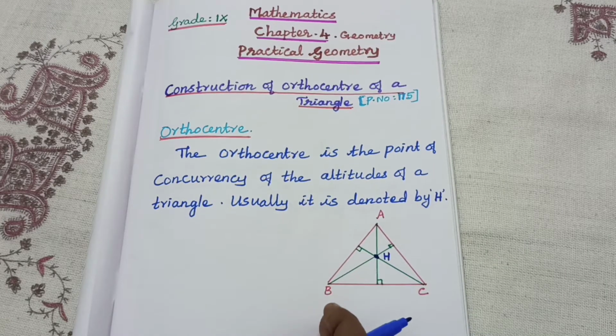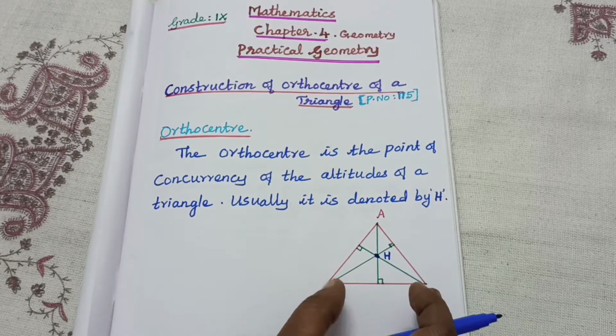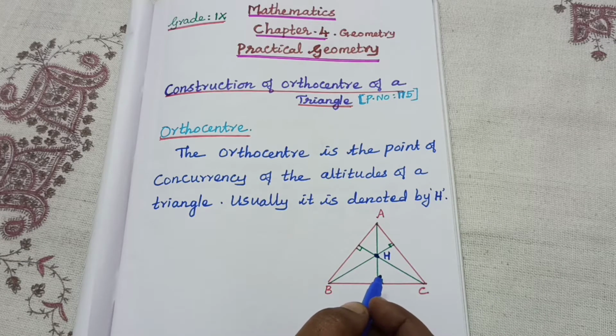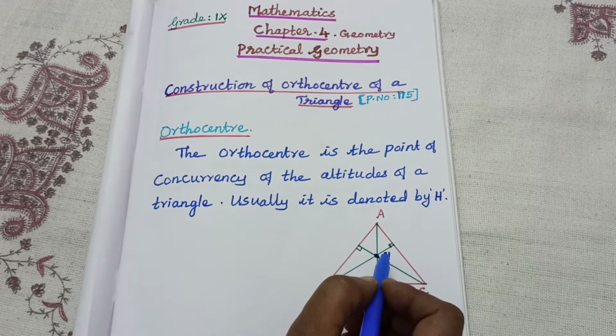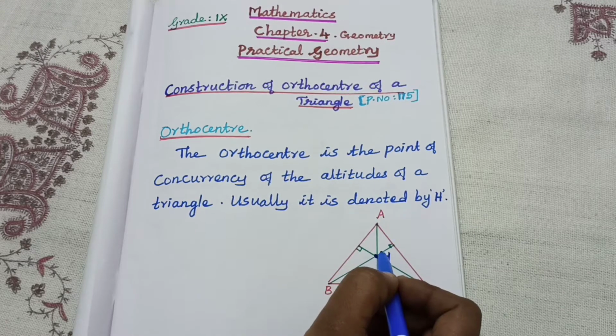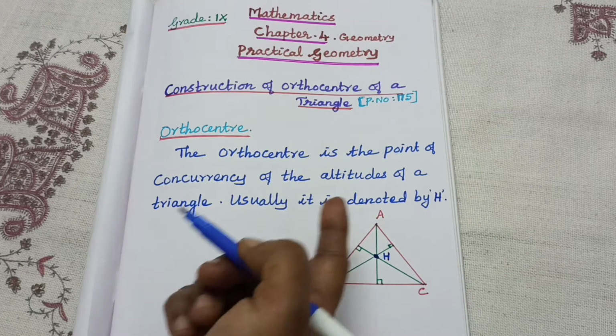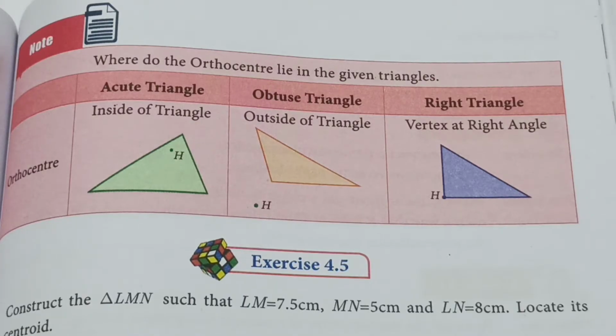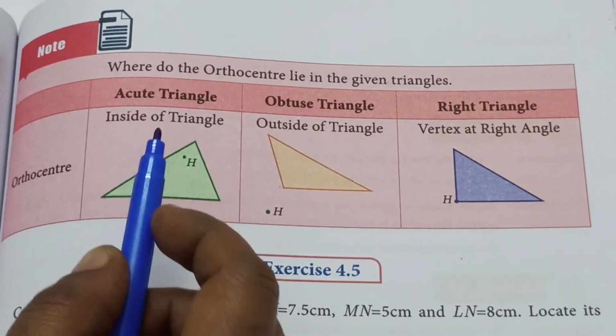This is the triangle, an acute angle triangle. The point of concurrency of the altitudes of a triangle is called what? Orthocenter. Have you understood?